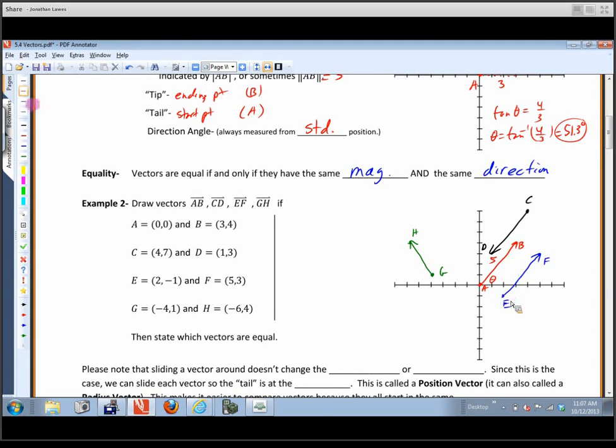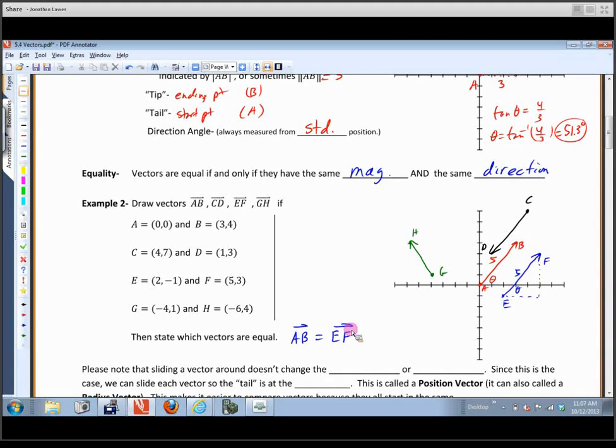Let's check this one right here. Okay, I'm going to go over 1, 2, 3 and up 1, 2, 3, 4. So over 3 and up 4 on each one of those. So this vector would also be 5 units in length, and if we were to compute that direction angle, it would also be the same. So the two vectors that are the same are vectors AB and vector EF.